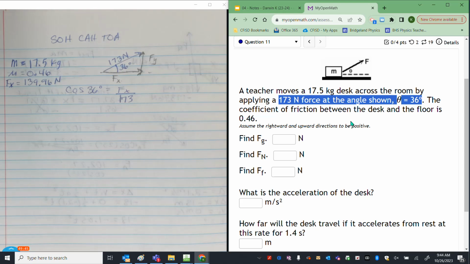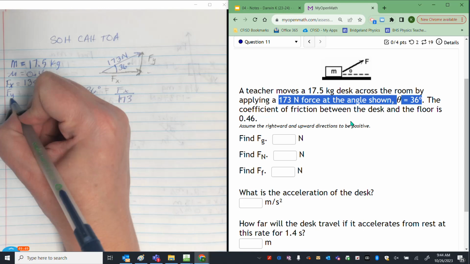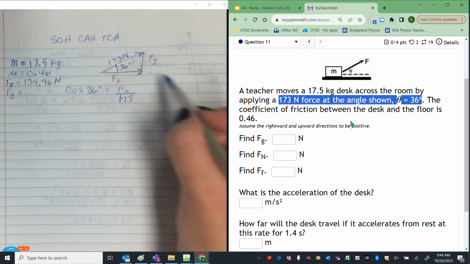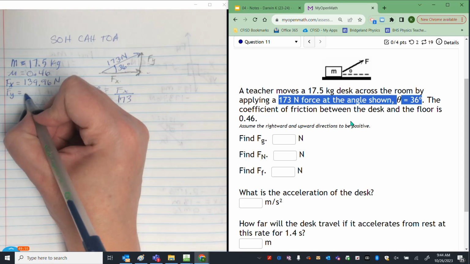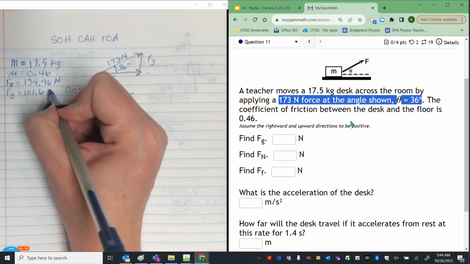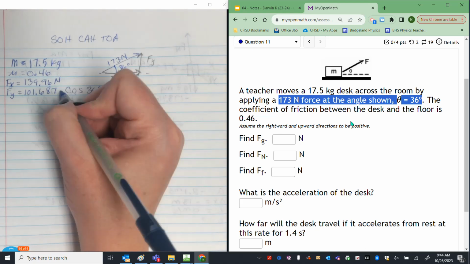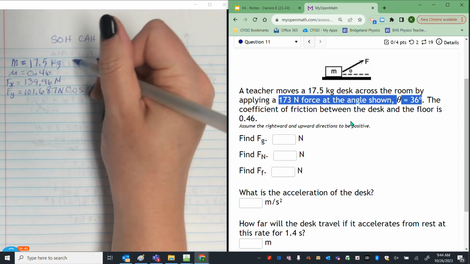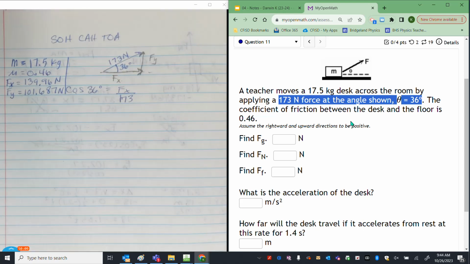And that's going to give us a y force of, and again this is upward, this one's to the right, so these are both positive, 101.687 newtons. Okay, so that's basically what we're provided with in the question. We have the mass, we have the coefficient of friction, and then we have this angled force, but we really need the components.